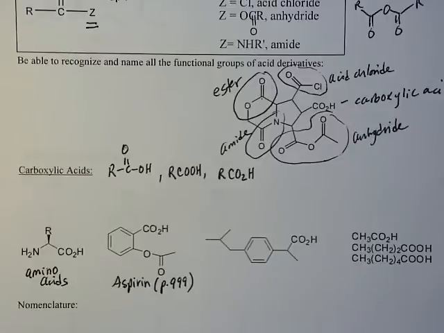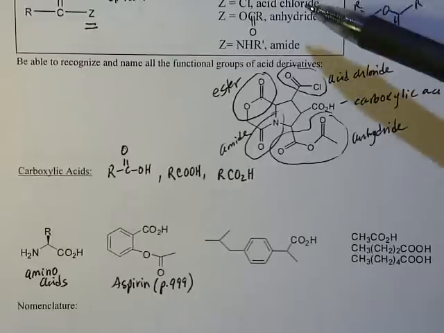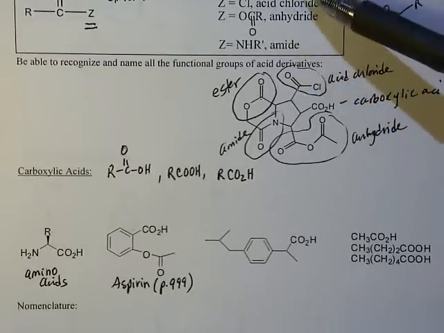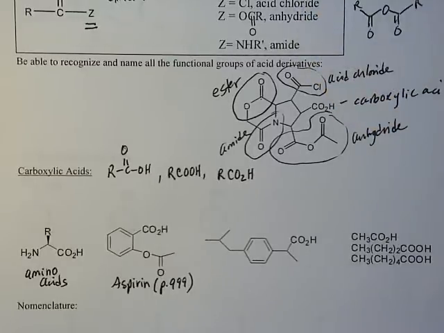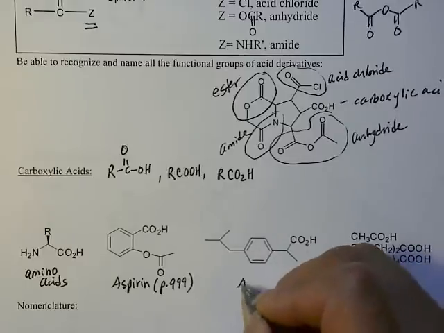We will not go over that yet, but later on, after we learn the chemistry, it will make a lot of sense to you. After we go over the chemistry of esters and so on, you should go back and read page 999, because then you'll understand how aspirin works. Next to that is Advil.